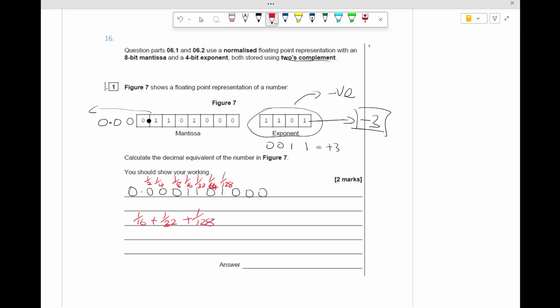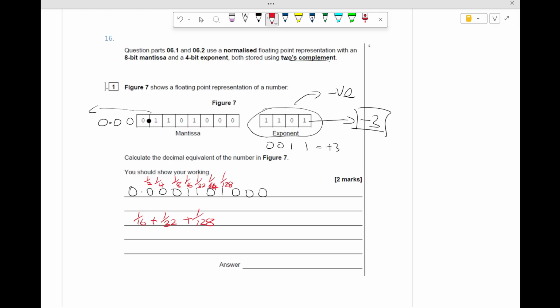Now you can just leave it as a fraction if you prefer, but that involves a bit of thinking, so I'm not going to do that. So 16, reciprocal, 1 divided by 16 plus 1 divided by 32 plus 1 divided by 128 equals. So we should get 0.1015625, so round it up there.